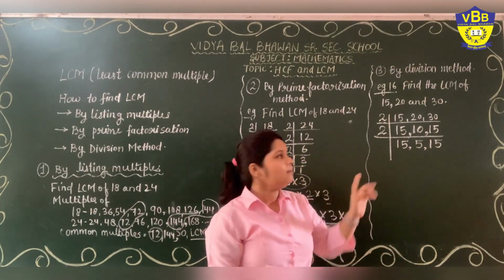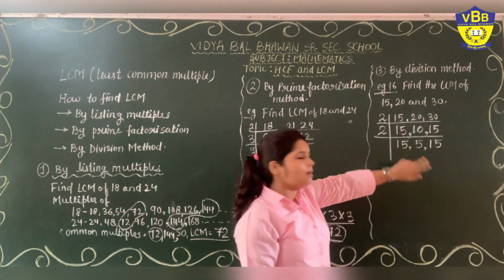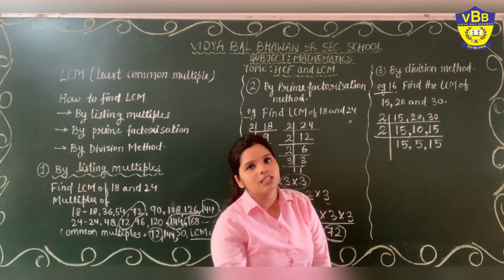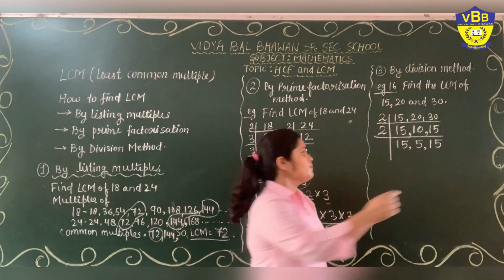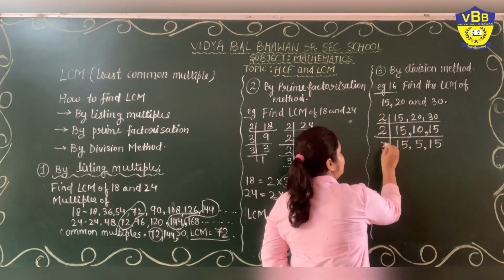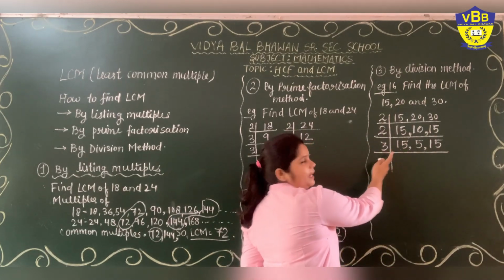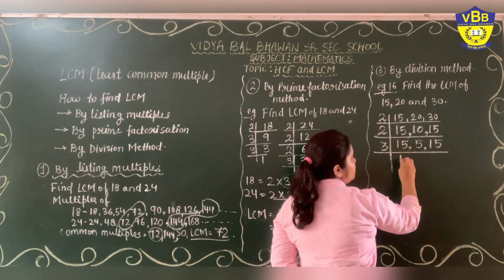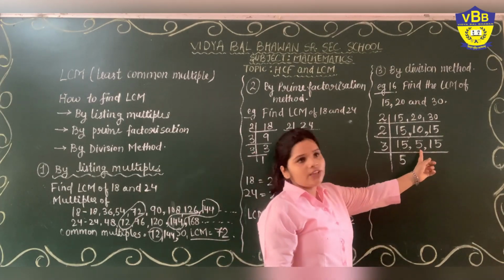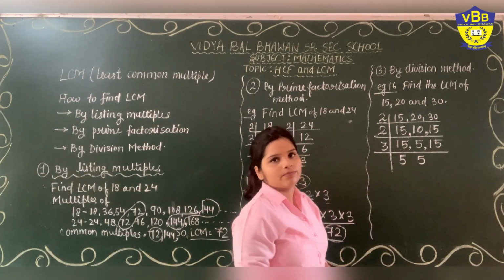Now, none of the numbers 15, 5 and 15 is divisible by 2. So let's move to the next prime number, that is 3. 15 here is divisible by 3, that's why we write 3 here, and when we divide 15 by 3, it gives 5. 5 is not divisible by 3, so 5 is written as it is.